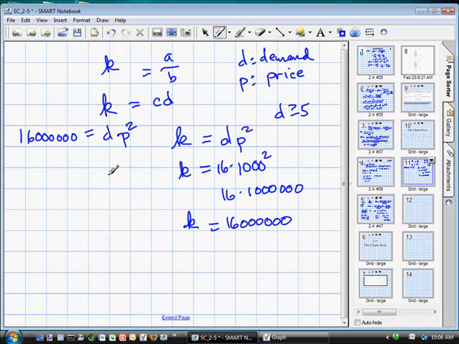The demand, X. I don't know. Maybe I'll just leave it like that. So anyway, the demand is equal to 16 million divided by the price squared. So there's part A, the demand function. Now, they may not have used the same letters, but okay.